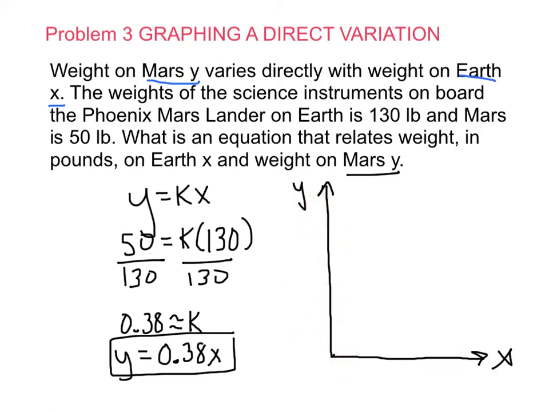X and y vary directly. So you can plug in 0, 1, 2, and 3 if you want. But wait a minute, I have 0.38. That means it's going to be so minuscule that you're barely going to have a line go anywhere. So I'm just going to count by 25s. You could count by 50. You could count by 100. It doesn't matter what you count by.